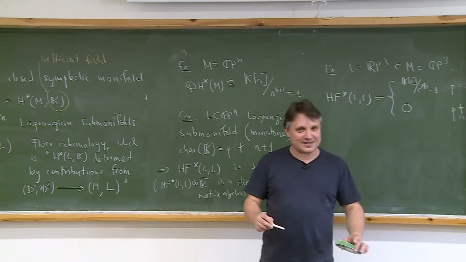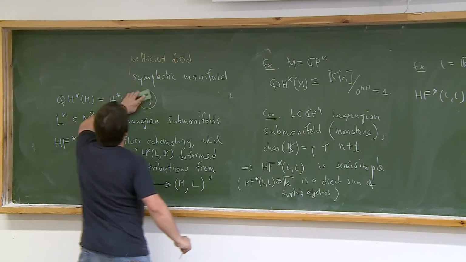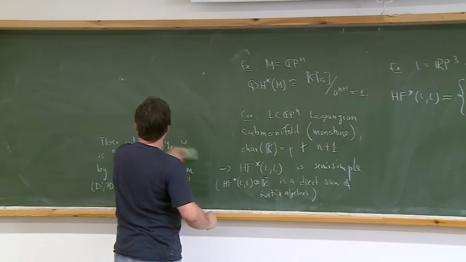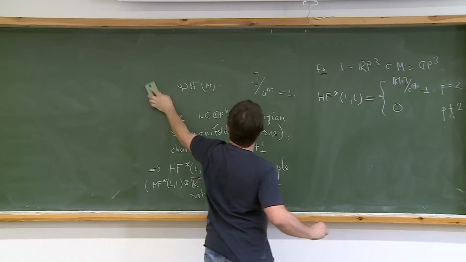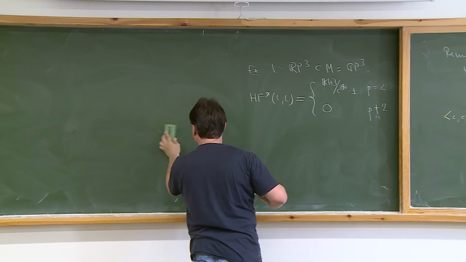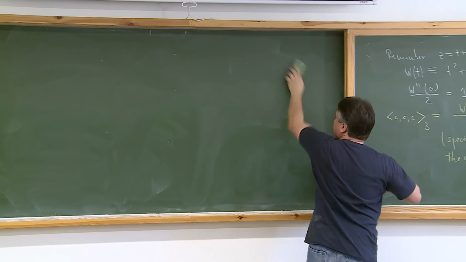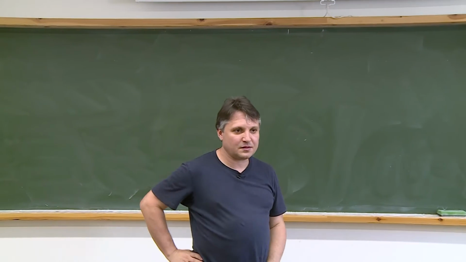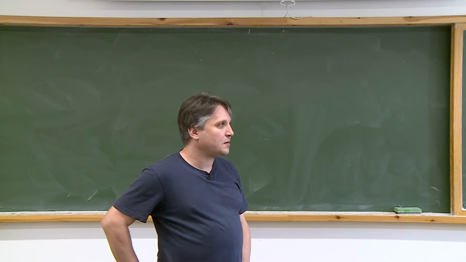There will be a sudden acceleration in the direction of arithmetic geometry. Is there a general phenomenon for symplectic manifolds that for all but finitely many primes, this is semi-simple?